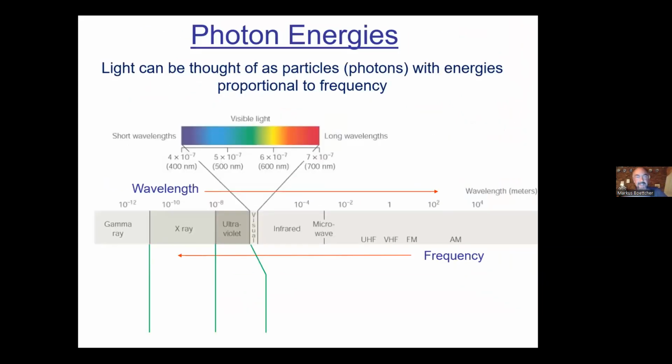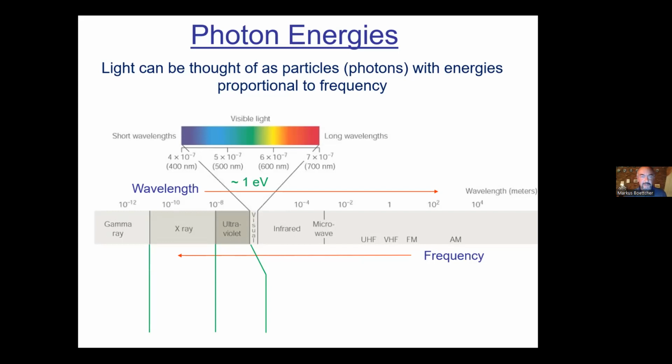As I said, light can be thought of as particles carrying the energy in the light, including the visible light that we see with our own eyes. The characteristic energy scale used in physics is the electron volt, the energy that an electron would gain when it undergoes a voltage drop of 1 volt. So 2 to 3 electron volts is the characteristic energy of a visible light photon.